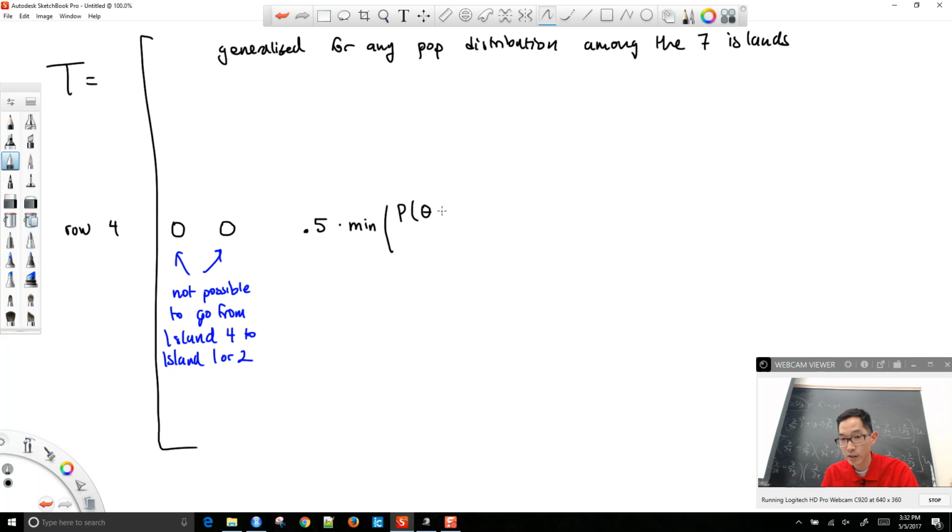So this is the probability of island 3. And so we can say this is theta minus 1, meaning theta minus 1 means probability of the island to our left, divided by probability of theta, kind of our current island.